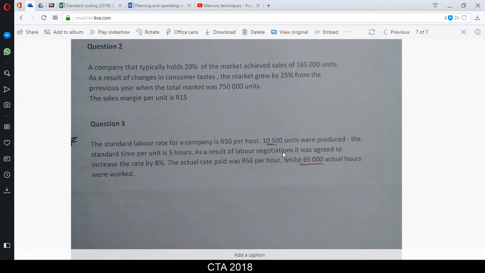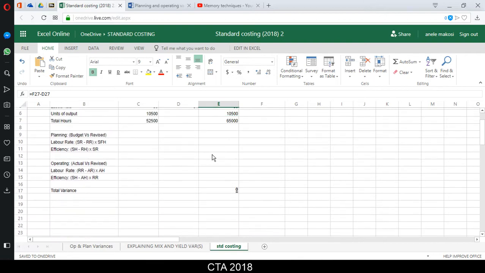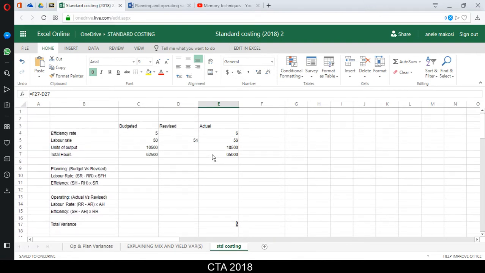But then the actual efficiency now is going to be, you take this 65,000 hours, the total, and divide by 10,500. We're going to get the actual efficiency per unit. Now this is how we deal with the situation. So I came up with this table here.